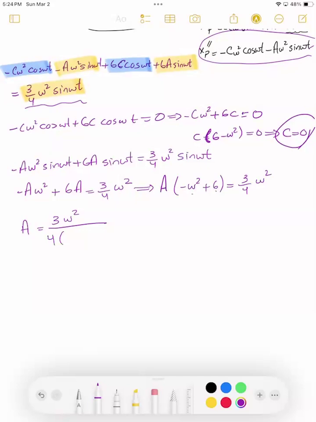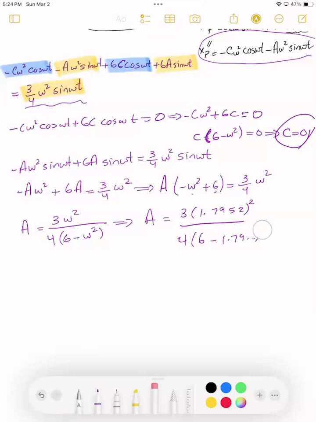and then 6 minus omega squared. Now I'm going to substitute omega, which is 1.7952. So a is equal to 3 times 1.7952 squared, divided by 4 times 6 minus 1.7952 squared. So let's see what we get.